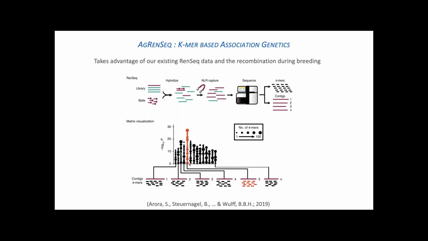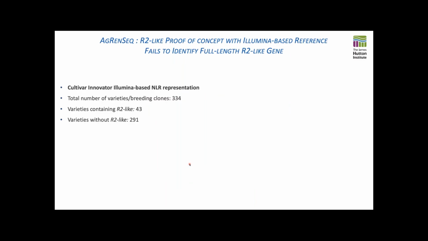And then you use k-mers, so subreads from cultivars with different or contrasting phenotypes, to look for association between the contigs and the presence of these k-mers. So the higher the peak, the stronger the association, the broader the peak, the more k-mers you have associated with this particular phenotype or this contig.